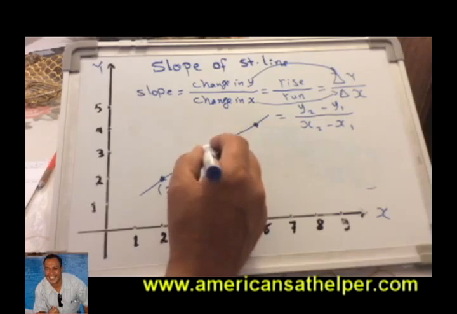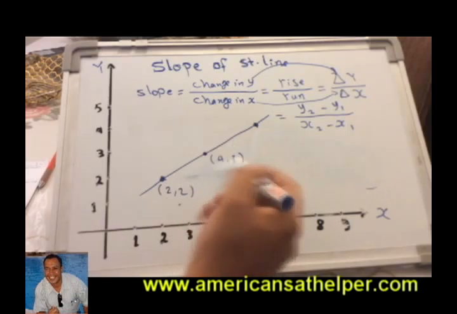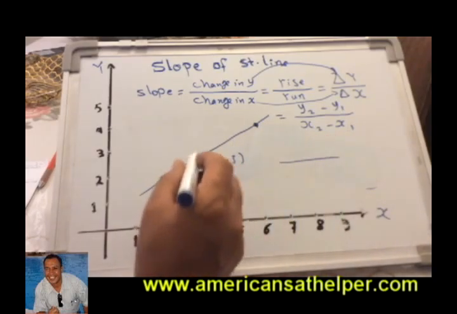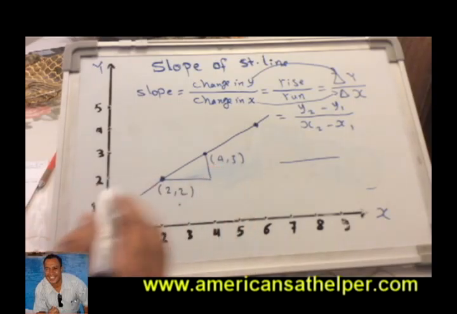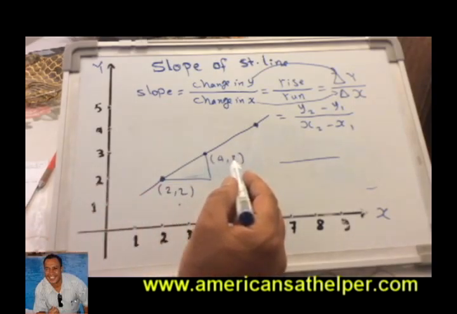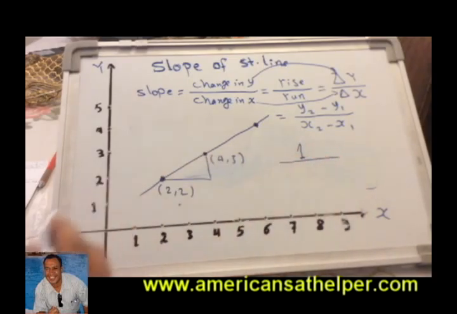(4, 3) is a point that lies on the line. Now let's try to find the slope. Let's construct a triangle like this. The difference between y's, 3 minus 2, equals 1. This is the rise.